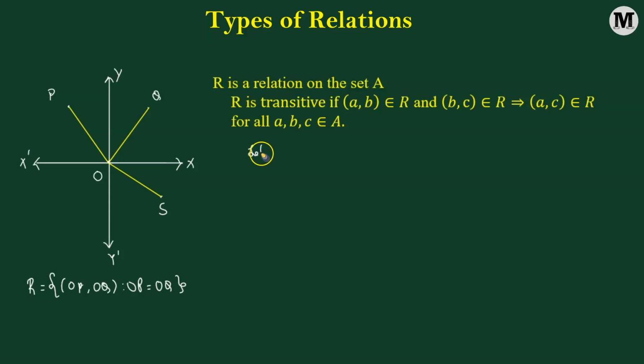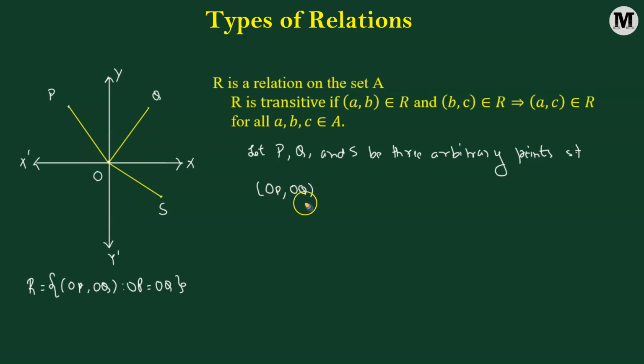We're going to consider 3 points. So let P, Q, and S be 3 arbitrary points, such that the ordered pair (OP, OQ) belongs to the relation R, and we choose another ordered pair (OQ, OS) belonging to the relation R. What does it mean?